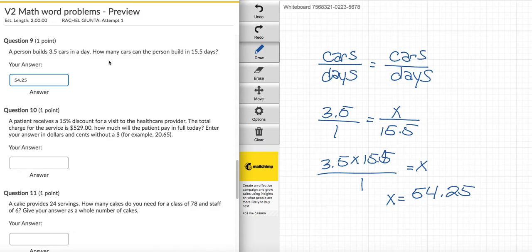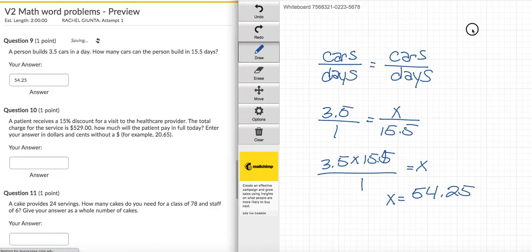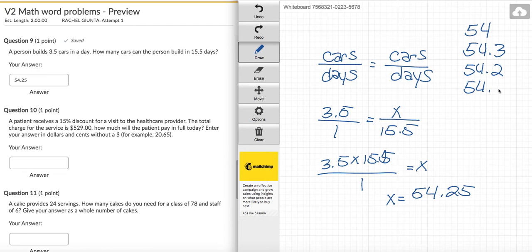Like say for this one, I don't think they would really do this, but in the case where this is multiple choice and they don't mention rounding and your answer choices are, say, 54, 54.3, 54.2, and 54.25, just pick the one that exactly matches your calculator.